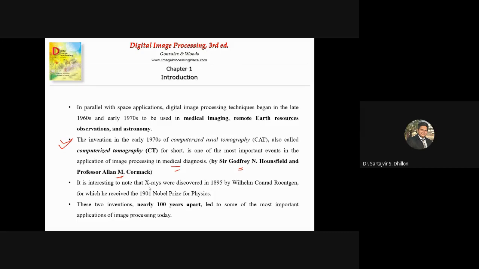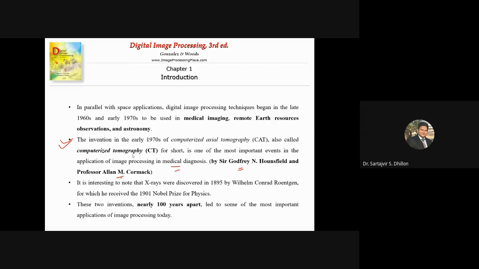X-rays were actually discovered in 1895 by William Roentgen, who received the Nobel Prize for Physics in 1901. So after 16 years, he got the Nobel Prize for that.